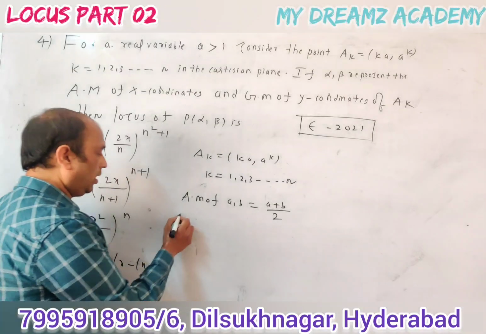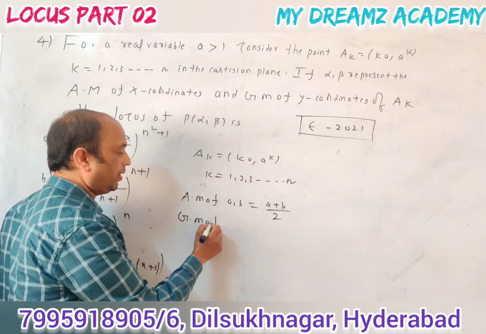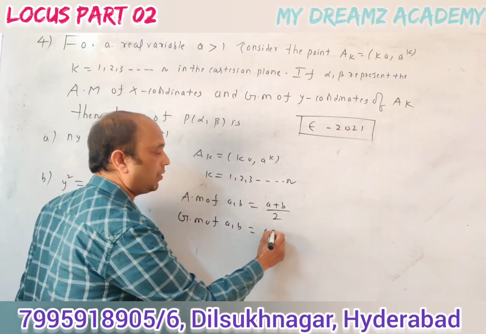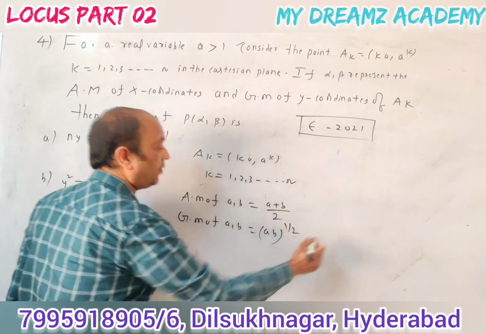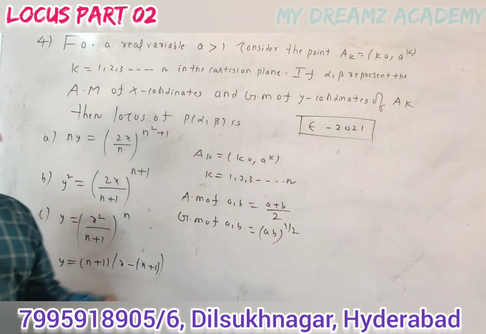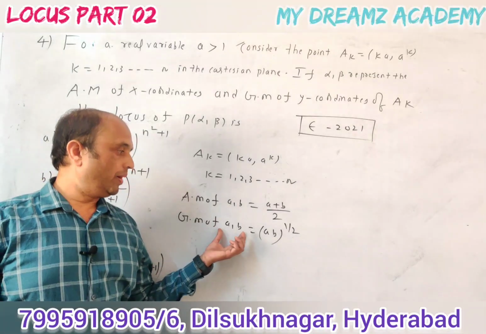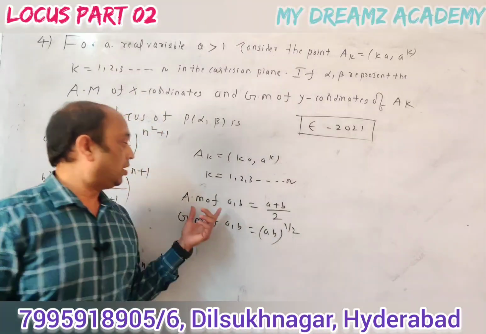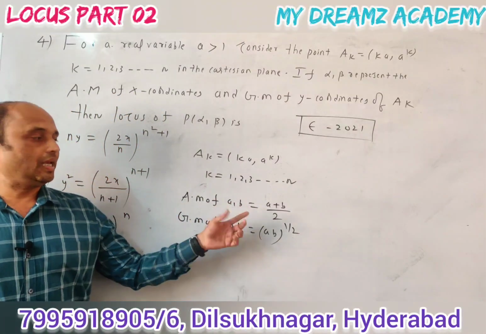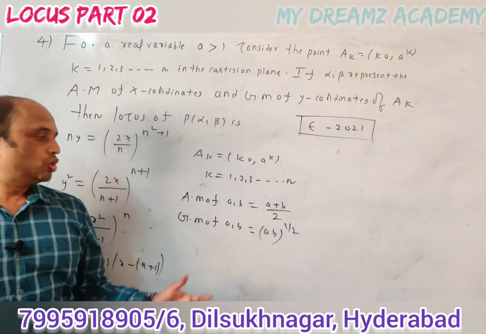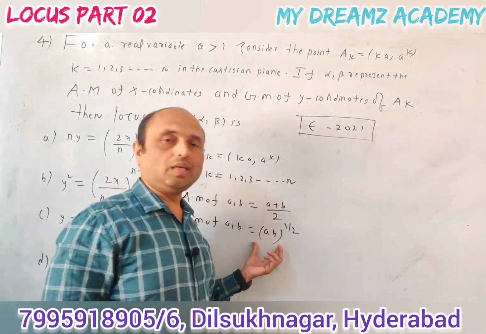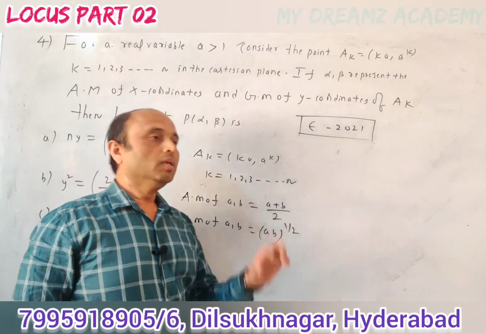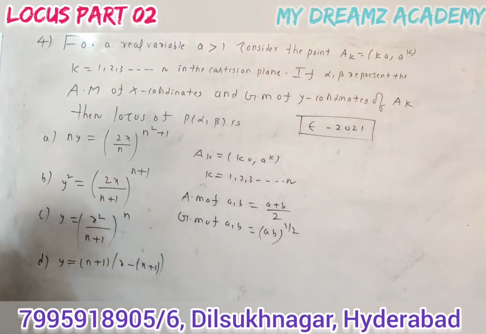The geometrical mean of a, b is equal to ab whole to the power of 1 by 2. If three quantities are there, then the arithmetic mean of a, b, c is a plus b plus c by 3, and the geometrical mean is abc whole to the power of 1 by 3. So these are the arithmetic mean and geometrical mean.